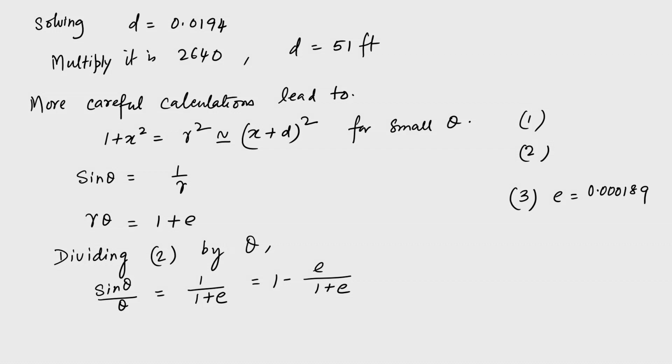So, we have divided by theta and theta equal to 1 by E, 1 plus E divided by r. So, the r cancels and you have this form.